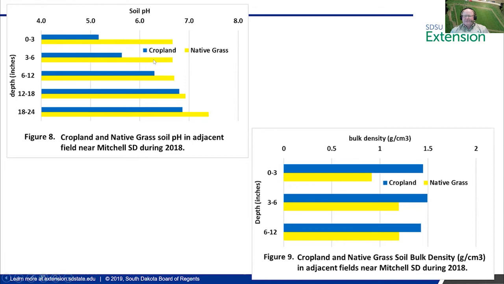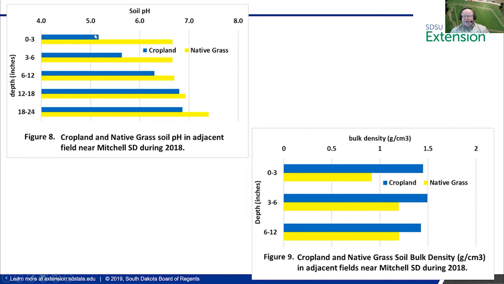Here's the soil pH in that native grass and cropland comparison. That native grass is much higher soil pHs, really close to that 7, that neutrality that we really would like to see. Farming ground, in the high 5s and 6s isn't bad, but we're on our way down, okay?